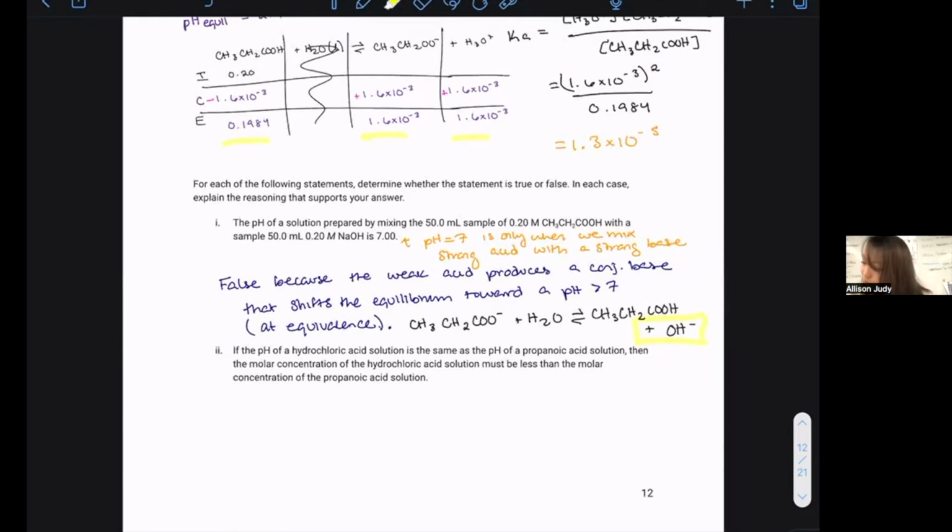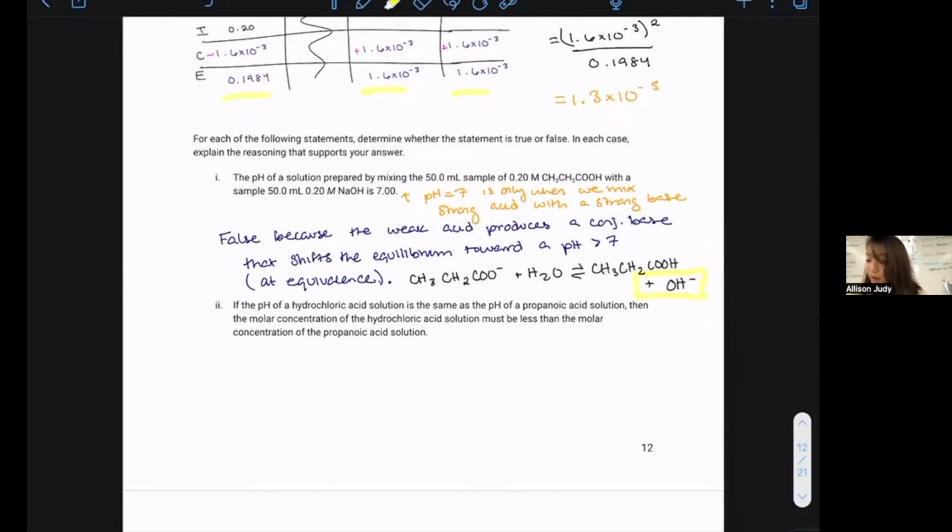So 2, if the pH of a hydrochloric acid, which is by the way a strong acid, is the same as the pH of a propanoic acid solution, then the molar concentration of the hydrochloric acid solution must be less than the molar concentration of the propanoic acid solution.